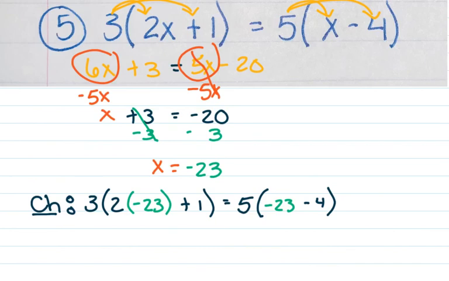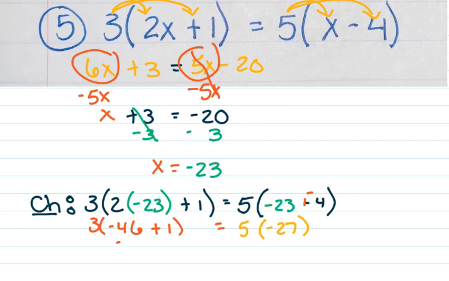So 2 times 23 should give us a negative 46. On the other side, I'm going to switch colors here. Actually, let me change that color. So I'm going to have 5 times negative 23 plus a negative 4, which is going to give me a negative 27.